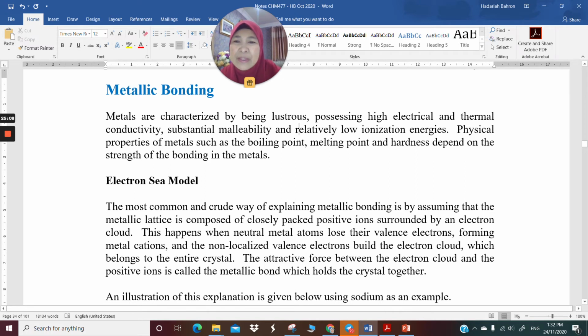Now, physical properties of metals, such as the boiling point, which is very high for many metals that we know, melting points and hardness, depend on the strength of the bonding in the metal.